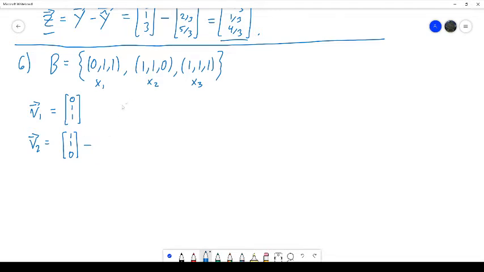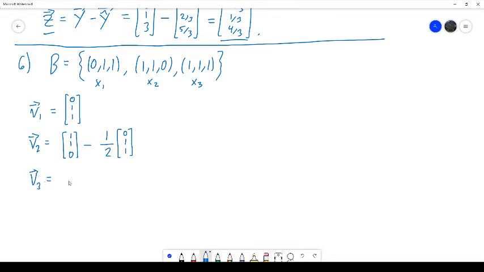So that looks like the dot product of x2 and v1, which is just 1, over the dot product of v1 with itself, which is 2. So we have 1/2 of the v1 vector. Okay, and then we'll calculate that in a minute.